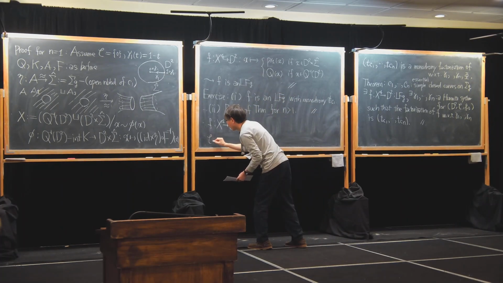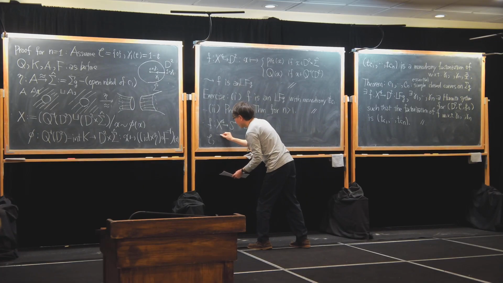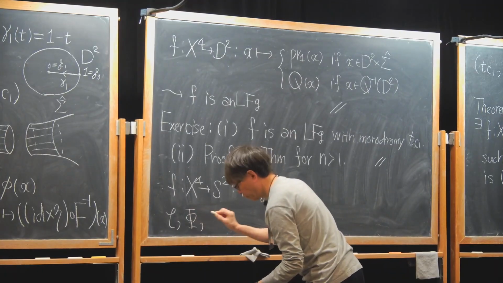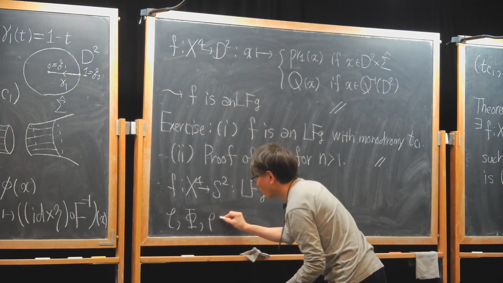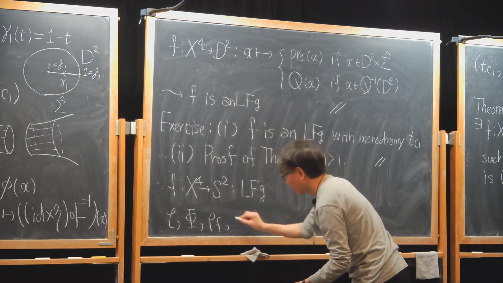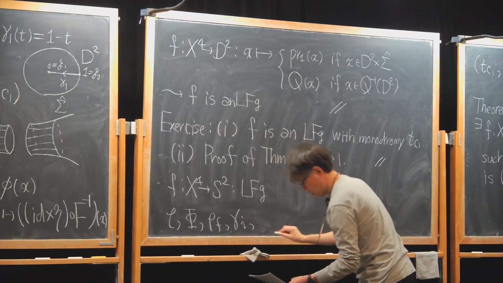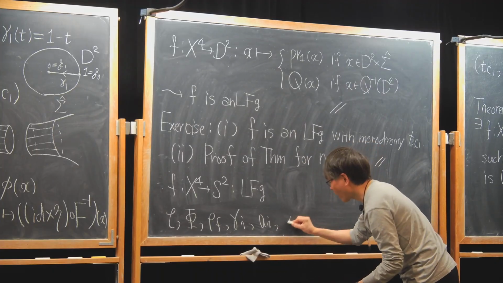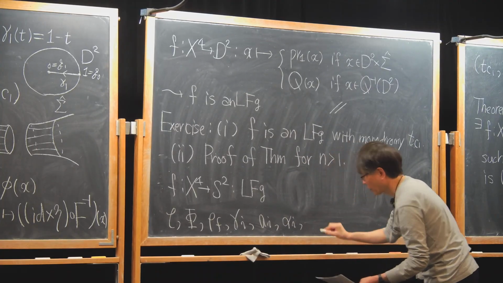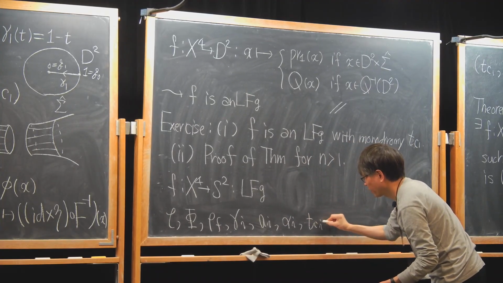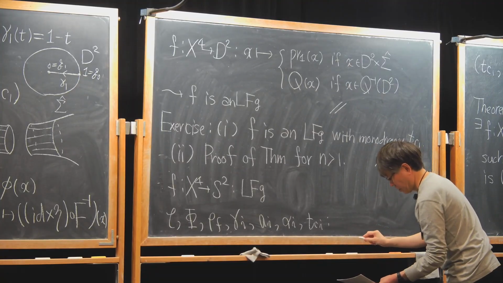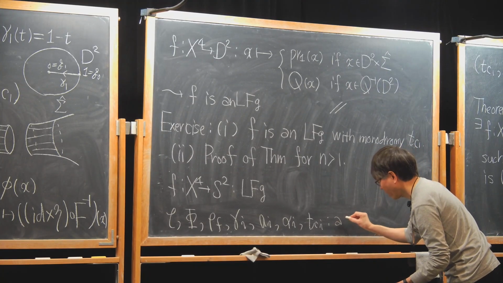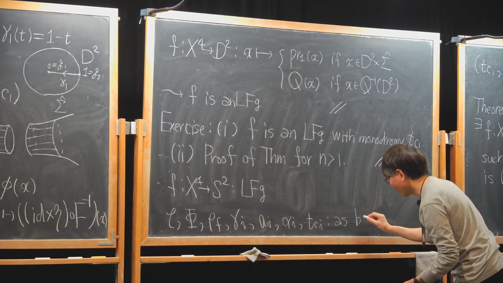And we take C, rho F, gamma i, A i, and alpha i, T C i as before, so as above.